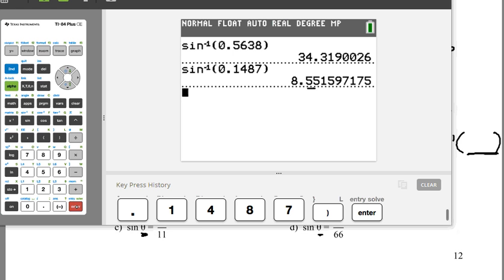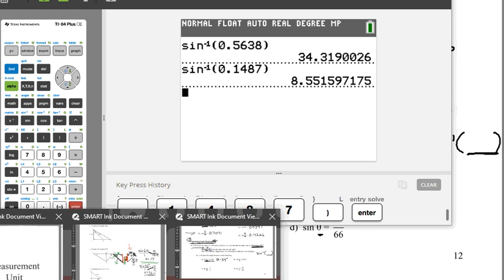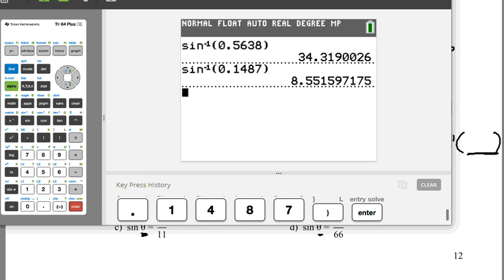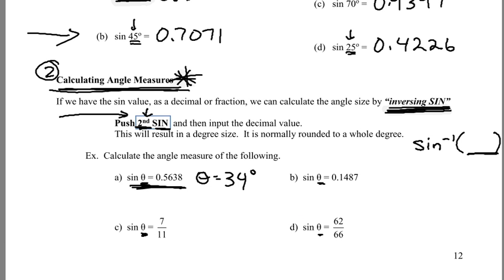Well, to the nearest whole angle, 5 tells us to round the 8 up to 9. So in that case, our theta value is 9 degrees. That's what we're doing to calculate angle size.